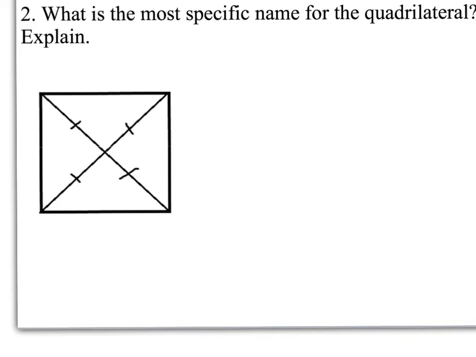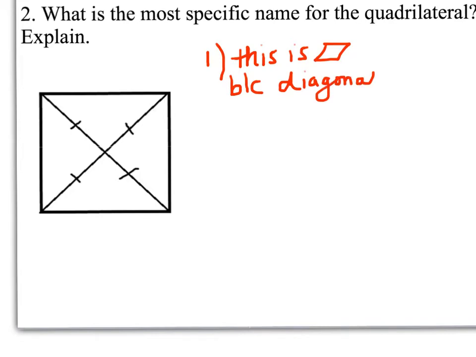Well, in this case, we know we have a parallelogram. How do I know I have a parallelogram? Well, I see that the diagonals are bisected. Each diagonal splits the other in half. The diagonals bisect each other.